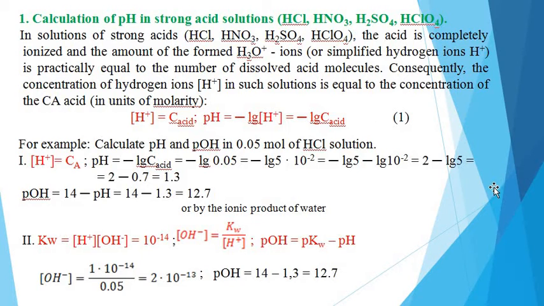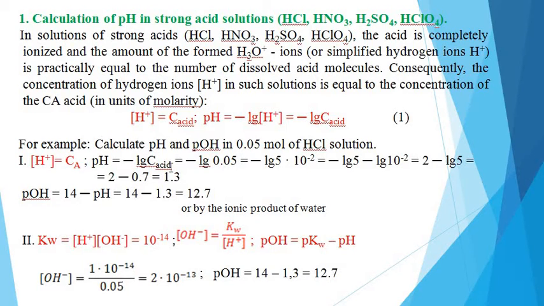For example, calculate pH and pOH in 0.05 molar hydrogen chloride solution. As the concentration of hydrogen ions is equal to the concentration of acid, pH is equal to the negative logarithm of the concentration of acid.